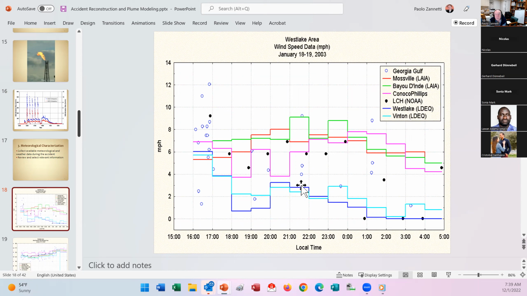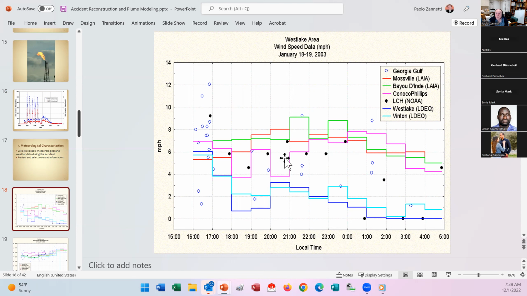But look at the difference in wind speed. We have a station measuring 2 miles per hour, another station measuring 8 miles per hour. Which one is the correct one for my accident? Okay, I can take an average, I can triangulate, I can use a meteorological model. There are many things that I can do.